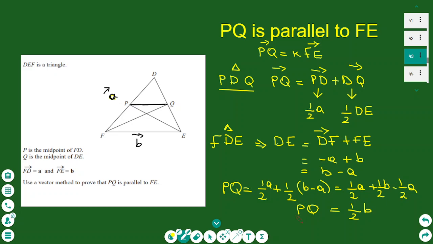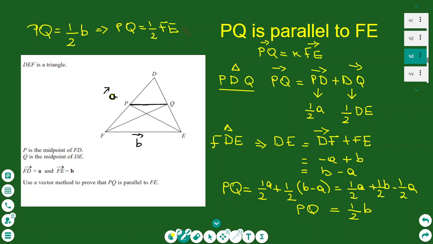So it's obvious here that this equation has now been proven to be true. The PQ is K times the FE. So the PQ is half B. Because the FE is 1B, this means that the PQ is half the vector FE.